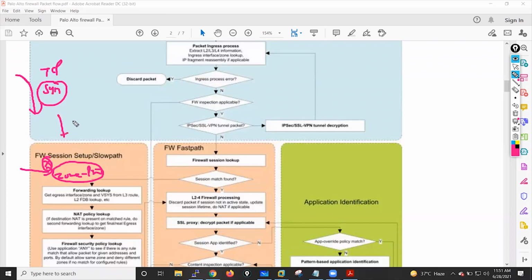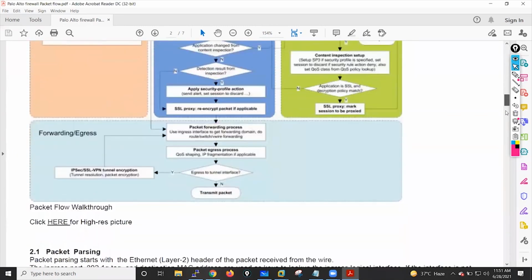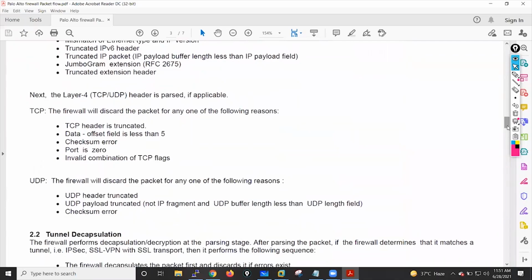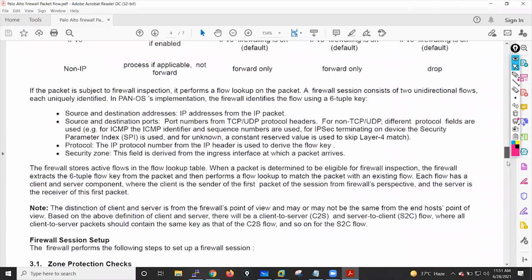Let's suppose you have received SYN plus ACK, or maybe a packet having the FIN flag set, or maybe the PUSH flag set, right? In that case also, this kind of traffic is dropped by your zone protection profile, guys. And also you will not see any kind of logs if that packet is dropped by the zone protection profile.